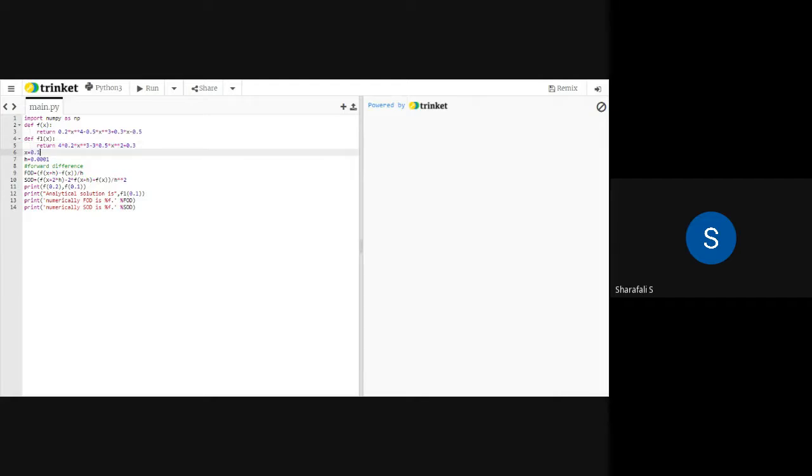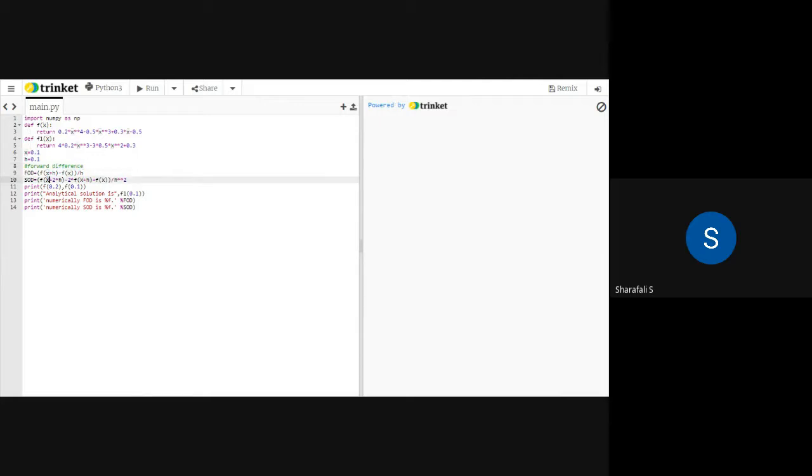Now consider x equal to 0.1, where you have to find the derivative of the given function, and consider h equal to 0.1. The first order differentiation, FOD, is given by this. This FOD will give you the numerical first order differentiation value of that polynomial at x equal to 0.1.